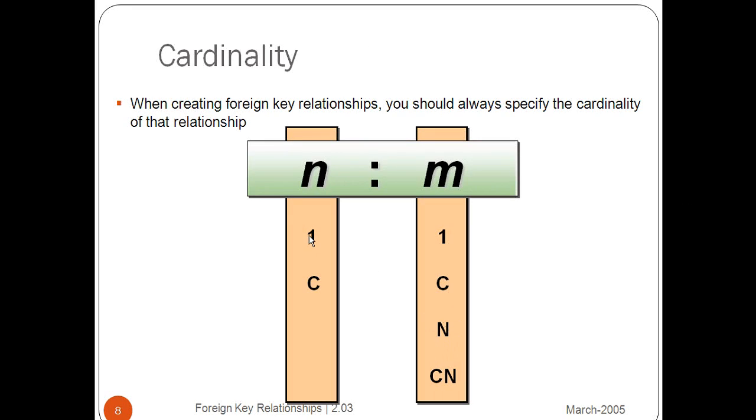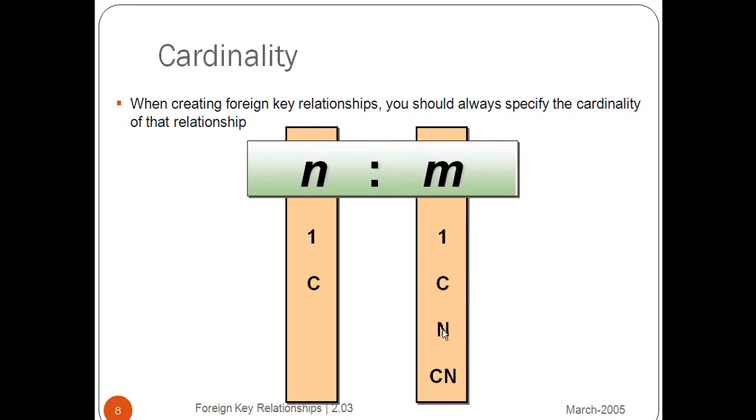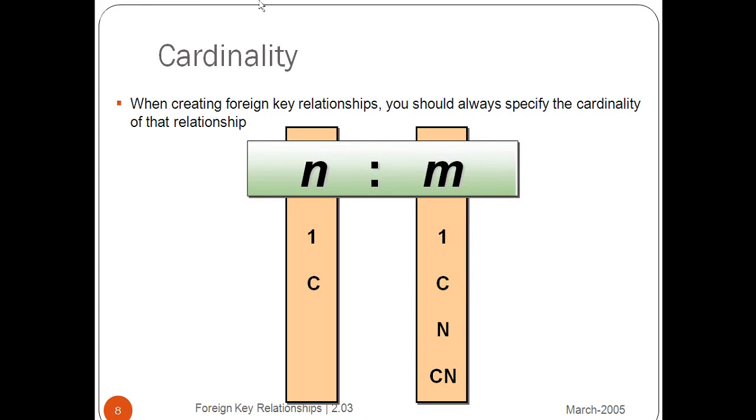With 1 to N, it should be 1 to 1, or the second table could have multiple entries. Means if there is one entry, the second table should have at least one entry, but it could have multiple entries also. So that's what cardinality is.